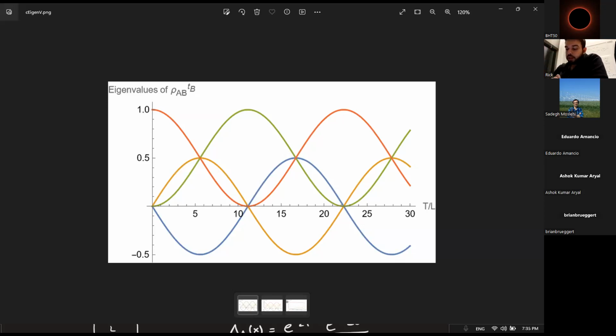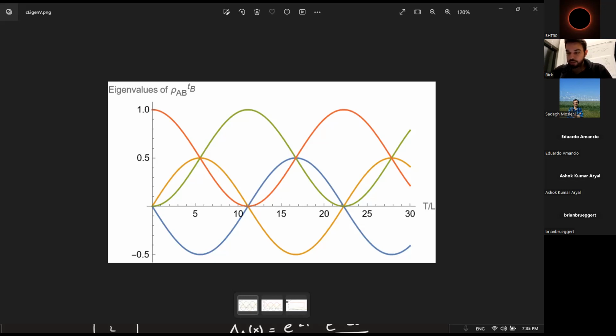One of them is always negative, except for the initial state itself and some states which differ by a period. So that unitary can entangle the states. As a rule of thumb, that unitary always entangles the states. Cool, so this is what happens with this unitary.